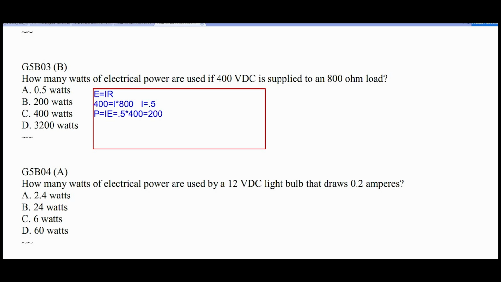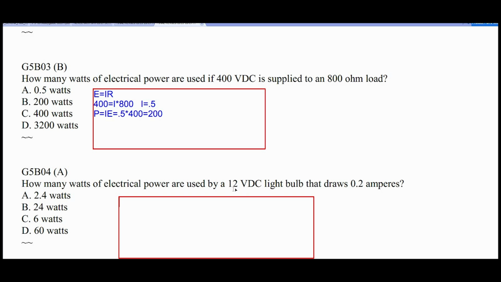G5B04, how many watts of electrical power are used by a 12 volt DC light bulb drawing 0.2 amps? So if I can bring up a text box again, we're solving for watts.